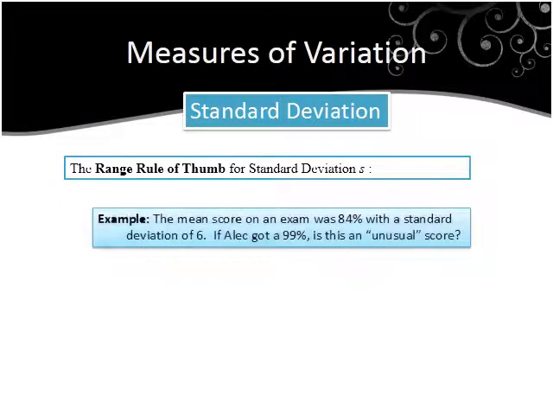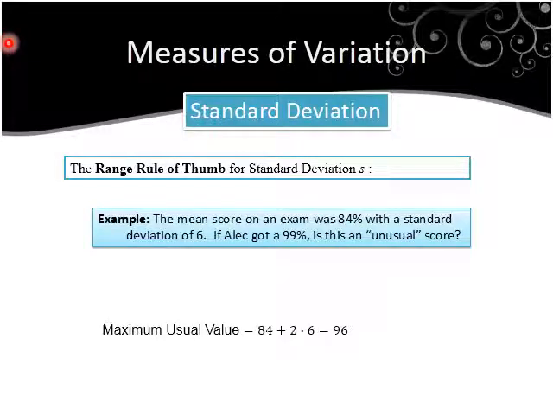For example, suppose the mean score on an exam was 84% with a standard deviation of 6%. If Alec got a 99%, is Alec's score unusual? Well, to calculate the usual value, and namely the maximum usual value, we simply have to take the mean, which is 84%, and add 2 standard deviations to it.